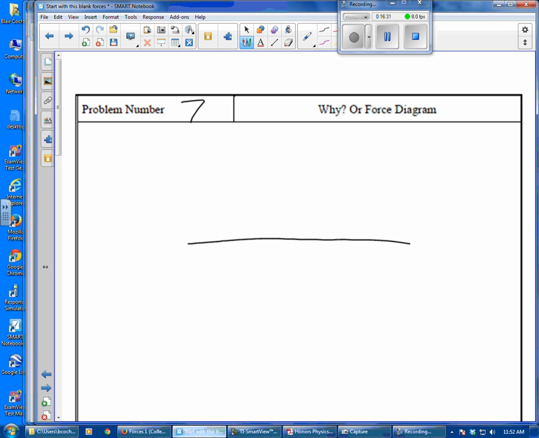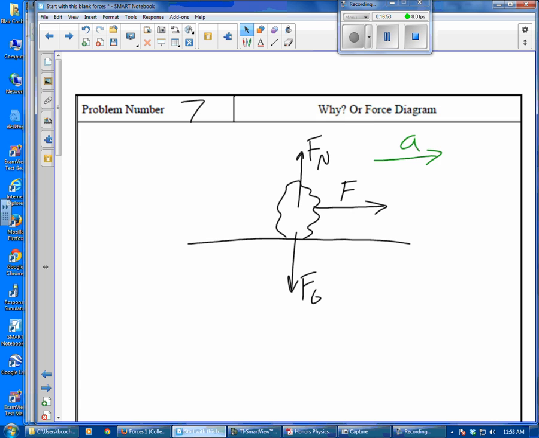I'm going to say I've got a surface here, and I have my bag of potatoes. It's going to have a weight down, of course. It'll have a normal force up. I'm going to say that I'm pulling on it or pushing on it with a force F, and therefore it's accelerating in that same direction.